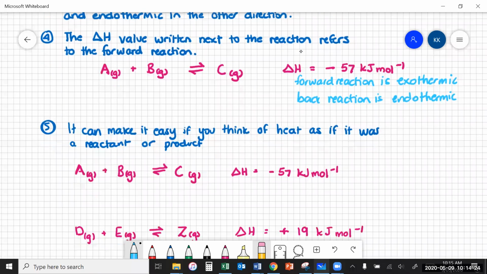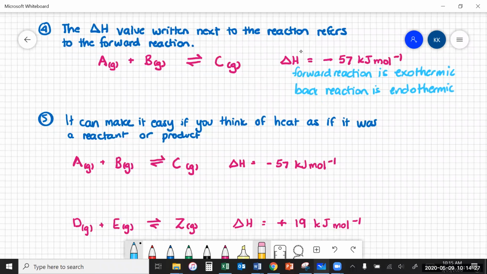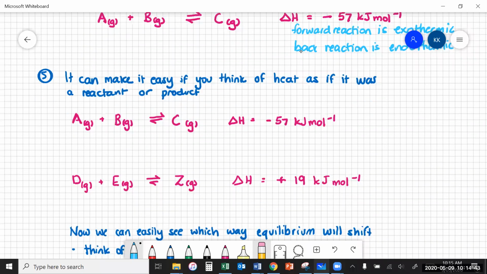Sometimes I find it easier to think about heat as a reactant or a product in the reaction when I'm dealing with temperature changes. It's not really, reactants and products are technically substances, but if we've got a tool that can make it easier, let's use it. So if we've got A and B in equilibrium with C, and we know that the forward reaction is exothermic because we see this negative on the delta H, I like to think of that meaning that A and B don't only produce C, they also produce heat.